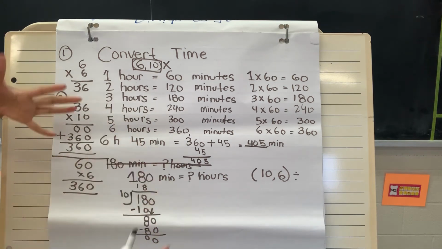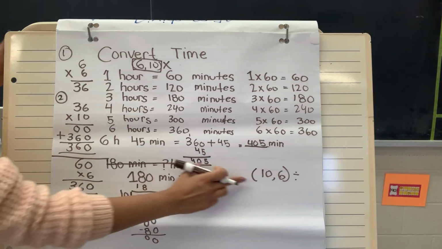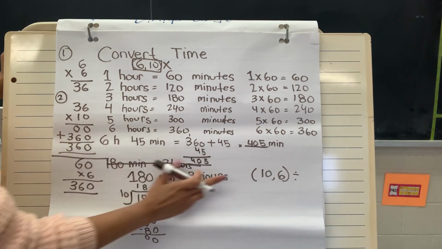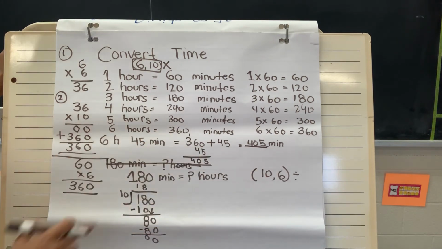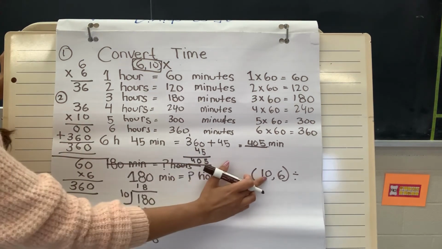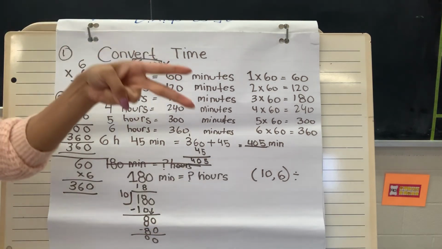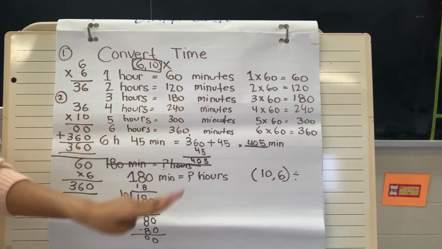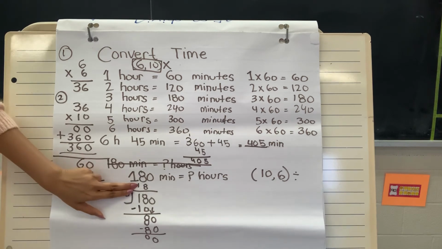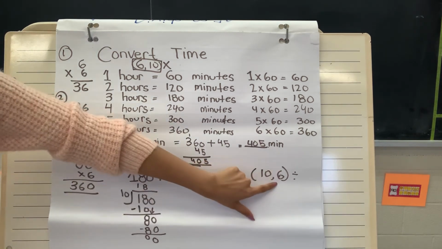And how do we get to 3 hours? We divide our minutes first by 10, and our next step is dividing our answer, which is 18, our quotient, by 6.